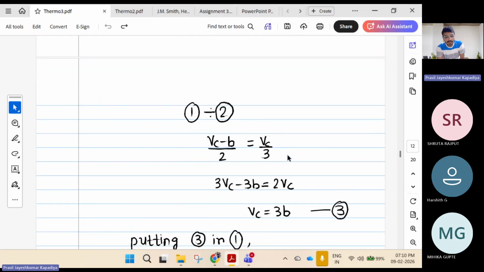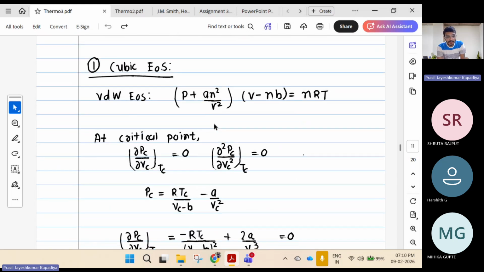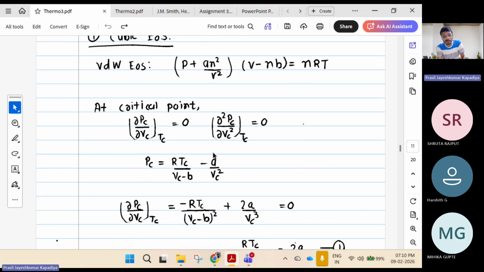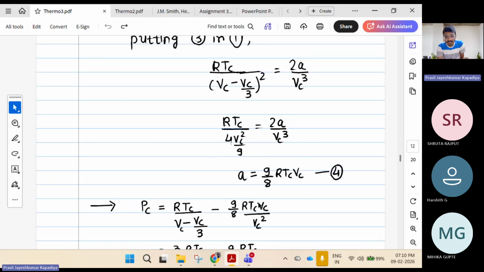And if I put VC equal to 3B in this particular equation, I can also get the value of A in terms of PC, TC and VC. So I get my A as 9 by 8 RTC VC.